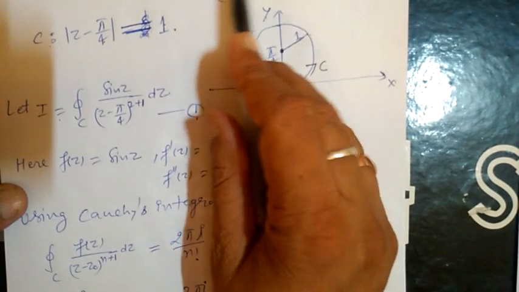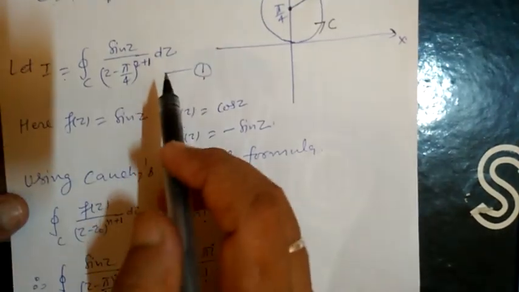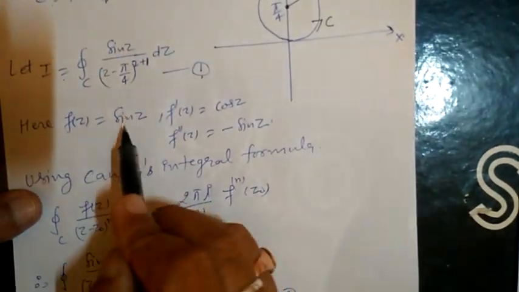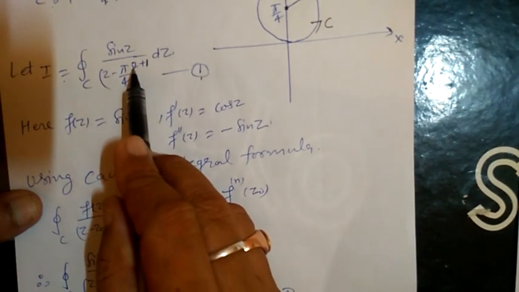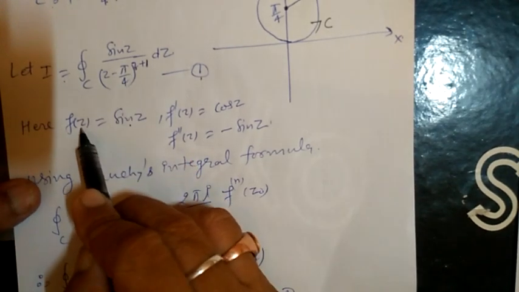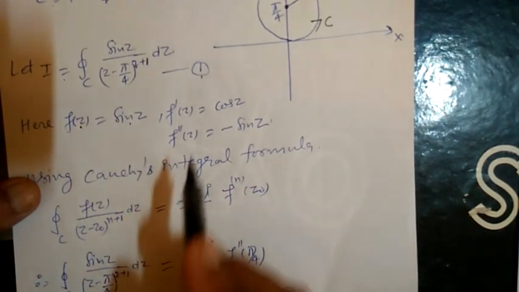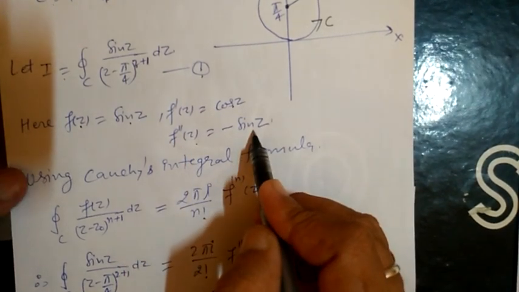So f(z) is equal to sin z, and in (z minus z naught) to the power n plus 1, n is equal to 2. So this function is differentiated twice: f dash z is cos z and f double dash z is minus sin z.